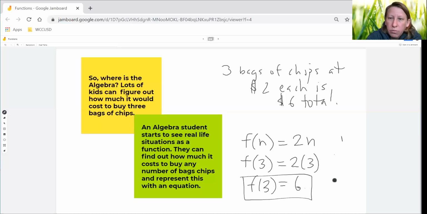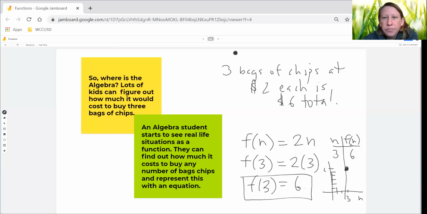Or on a table, that would look like 3, and the total cost would be 6. Or on a graph, that would be the point, 1, 2, 3, 1, 2, 3, 4, 5, 6. Have a lovely point right there. 3, 6.